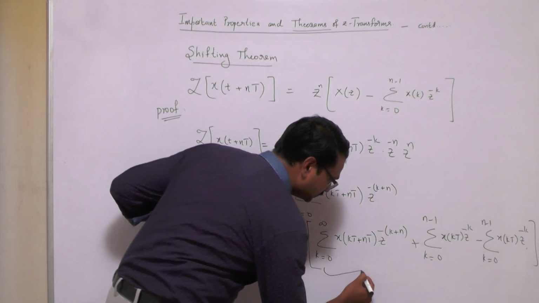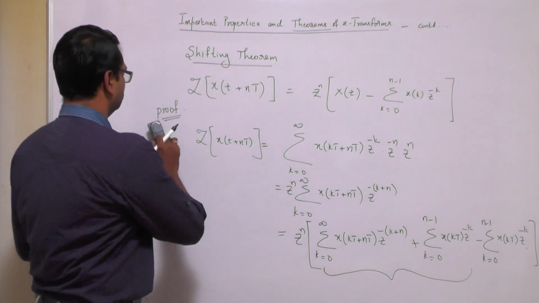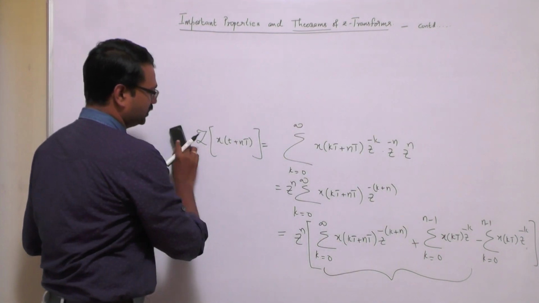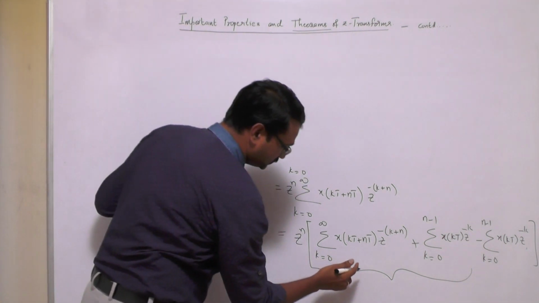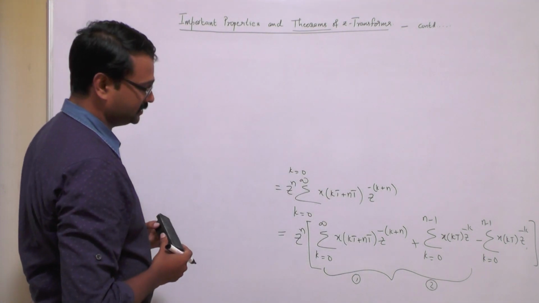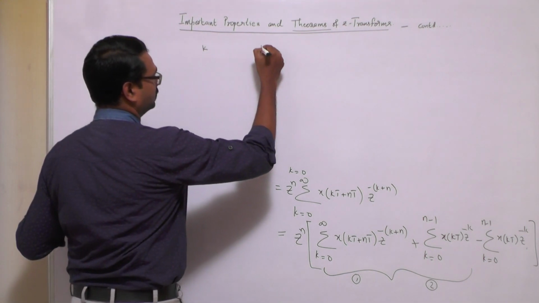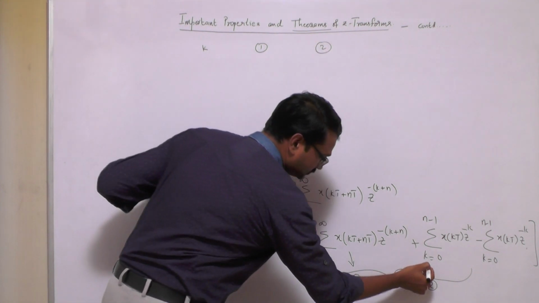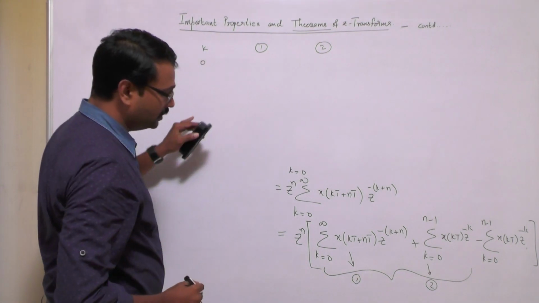Now these two factors should be clubbed when we are having this term sigma k. These two factors, factor 1 and factor 2, both combined together, we can write it as x of z, because for k, you can consider this as factor 1 and this as factor 2. Now when k is equal to 0, what is this?